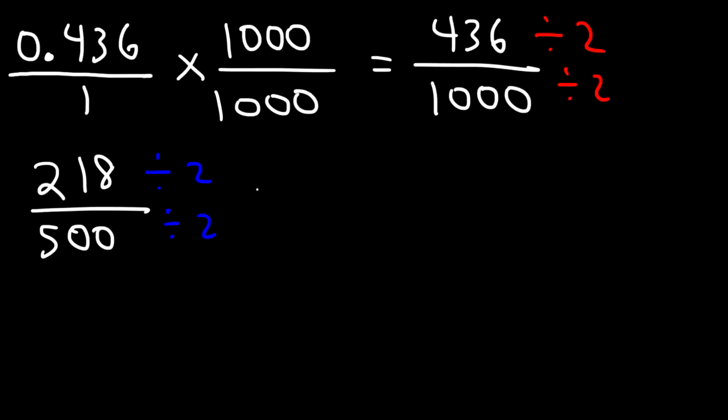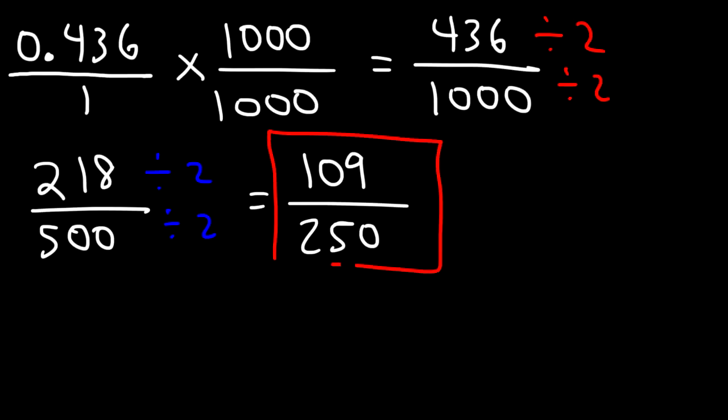So 2 divided by 2 is 1. 18 divided by 2 is 9. So it should be 109 instead of 19. 500 divided by 2 is 250. Now, do you think we could simplify this any further? It doesn't look like we can. So this is the final answer. 109 divided by 250. That's equal to 0.436.